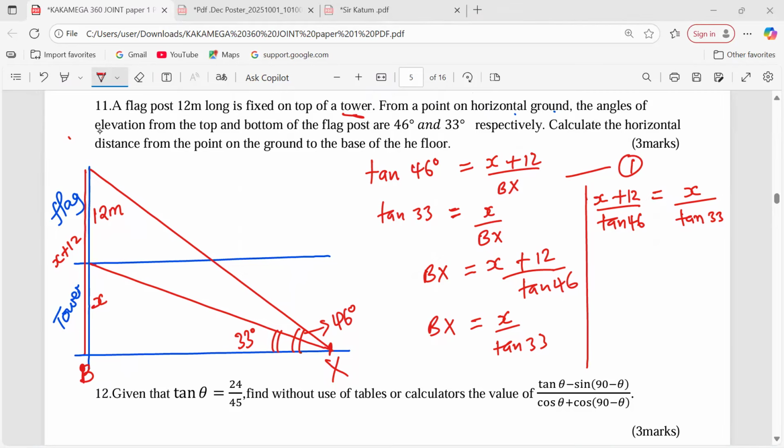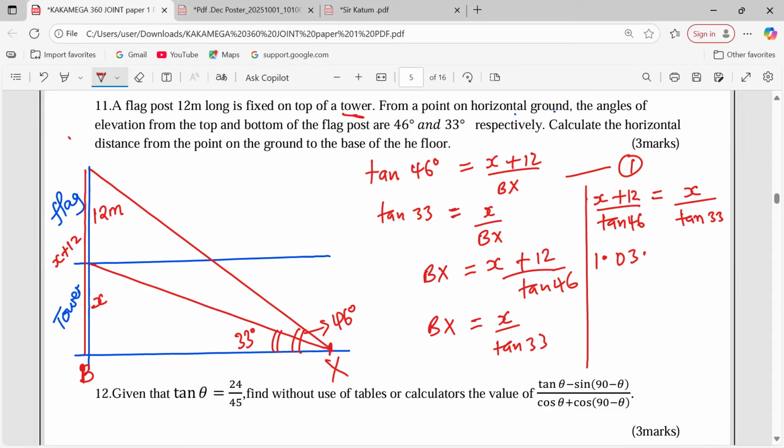So we can do a cross multiplication. X tan 46, let me check that, this will be 1.0355 X equals to tan 33 should cross multiply.